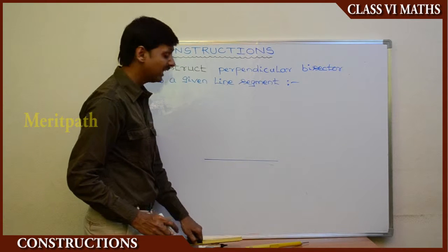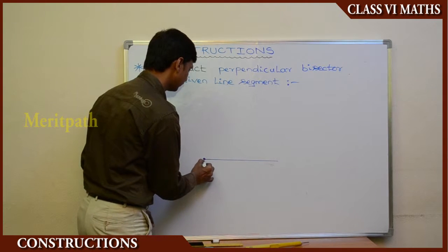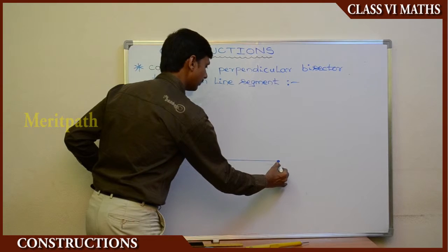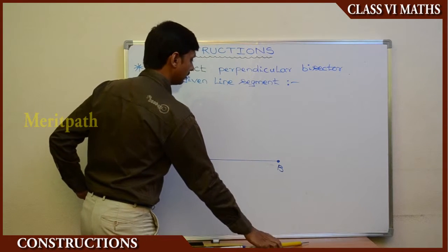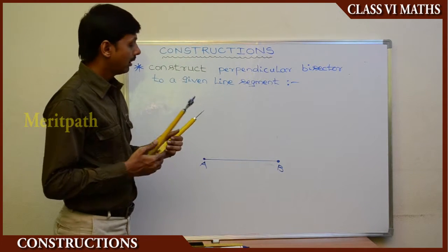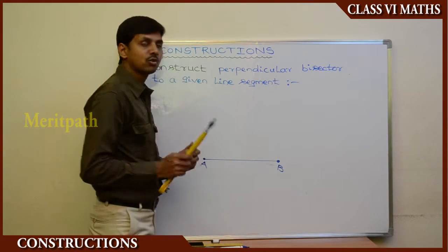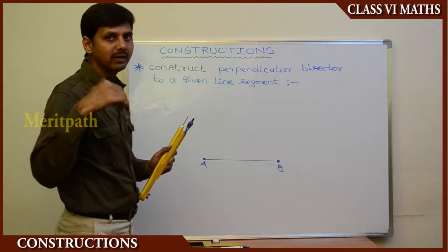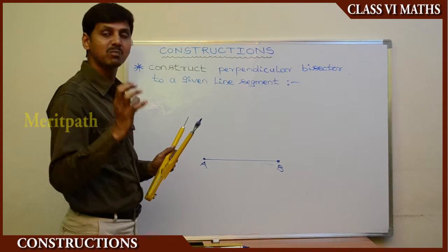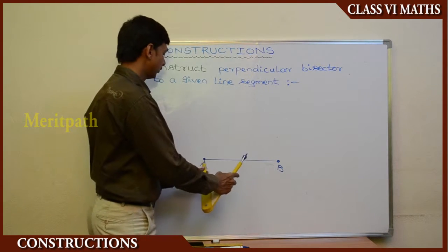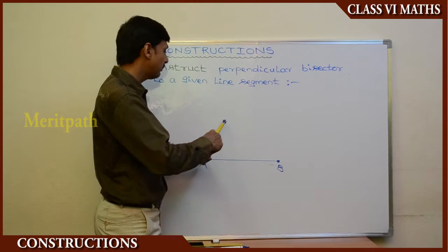Let's draw a line segment AB and take a compass. Take more than half radius on AB. It's not that a particular radius we need to take. We can take any radius, but it must be more than half. So we need to take more than half on this AB.